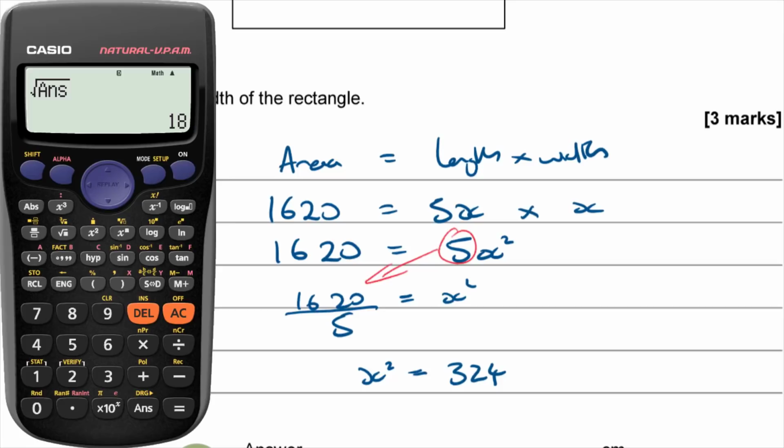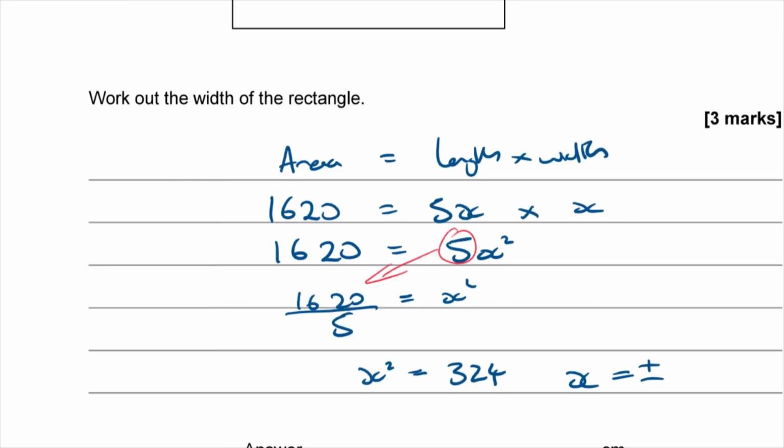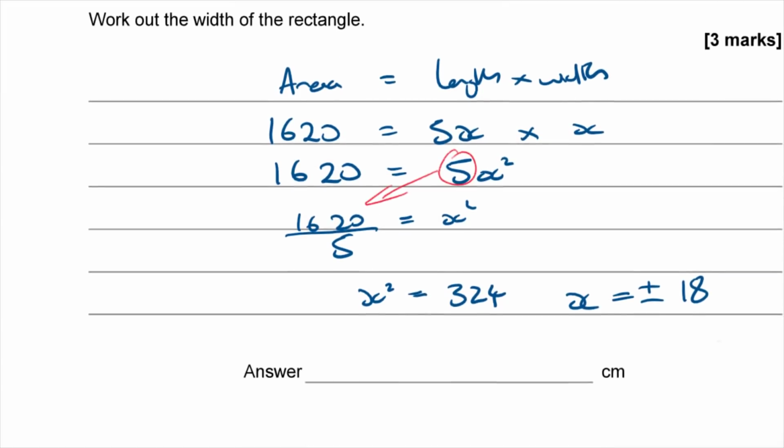So x then, now remember it's plus or minus 18 though, but in this case the negative value is not possible. So it is just a positive solution there. Then the width is the shortest one, so it's going to be 18 centimeters.